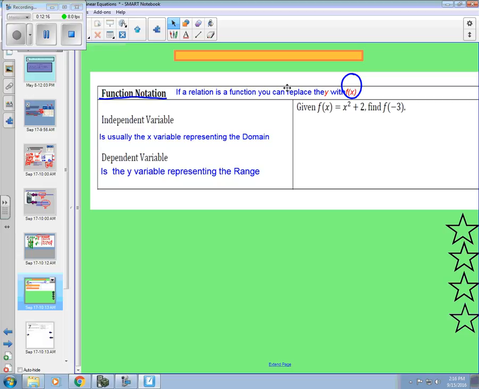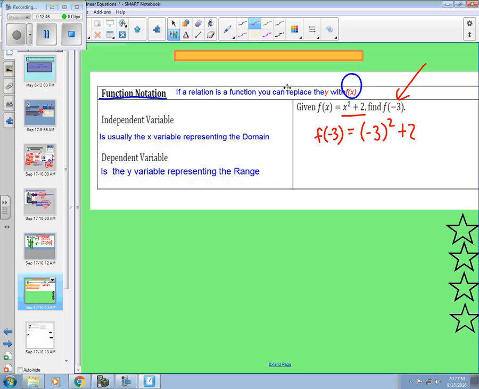because that changes depending on what you put in for x. So to solve a function like this example here, they want us to find what's f at -3, which means this function, which is x squared plus 2, is going to be equal to something depending on what we put in for x. Here we're going to replace the x with -3. So at -3, this function is going to be equal to -3 squared plus 2.